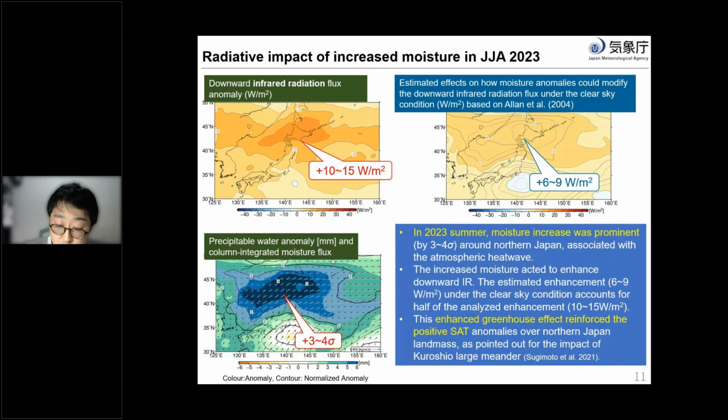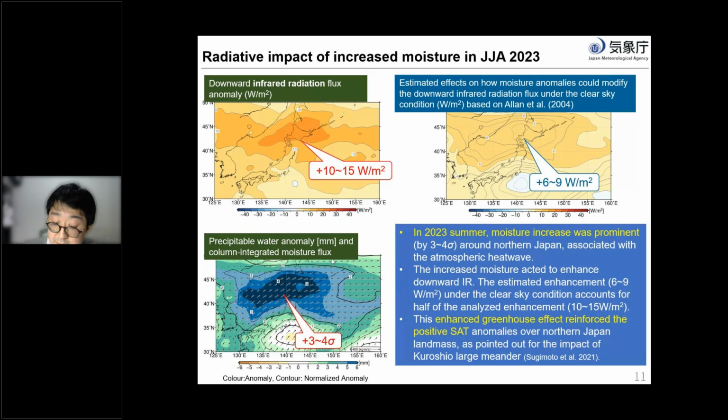Precipitable water anomalies and downward infrared radiation anomalies, their horizontal distributions closely match each other. Then we estimated how moisture anomalies could modify the downward infrared radiation flux under clear sky conditions, following the previous studies.